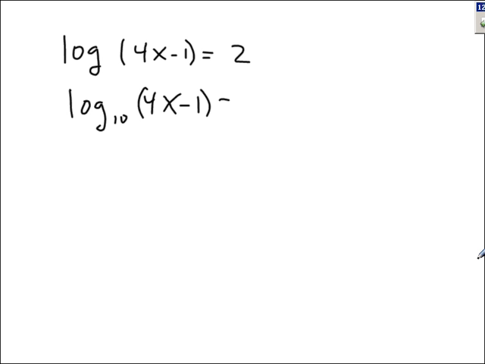Suppose you have log of 4x minus 1 is equal to 2. Again, this is shorthand notation. Let's write out the longhand. For the record, if you're given this, I'm writing it down 2 times so it's in front of us.